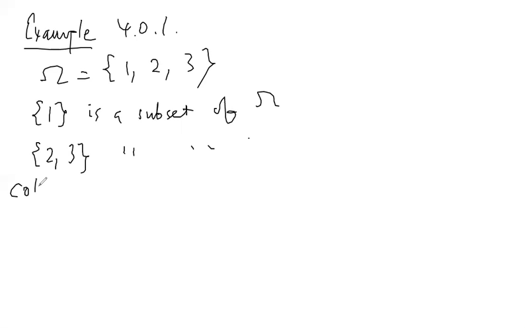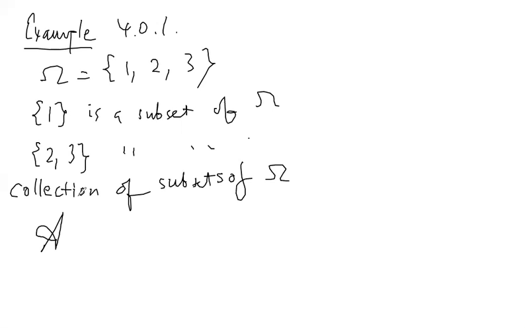So we want to form a collection of subsets of omega. Generally, this will be denoted by a script notation, let's say A. If you write A in the usual Roman letter, this is just a Latin character, the usual set notation.